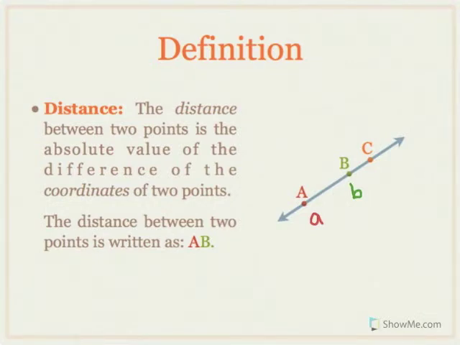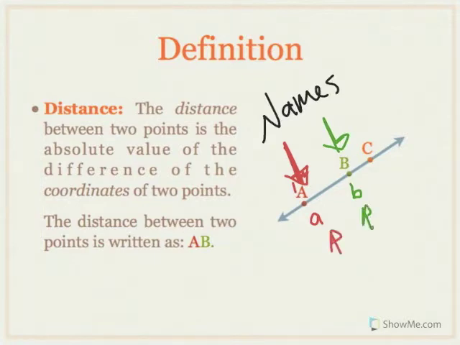So let's look at point A and point B, and we'll give point A the coordinate of a and point B the coordinate of b. Now be very careful. Notice that the point name is uppercase and that the coordinate is lowercase. Uppercase letters are names, and lowercase letters are variables. That's very important to know.